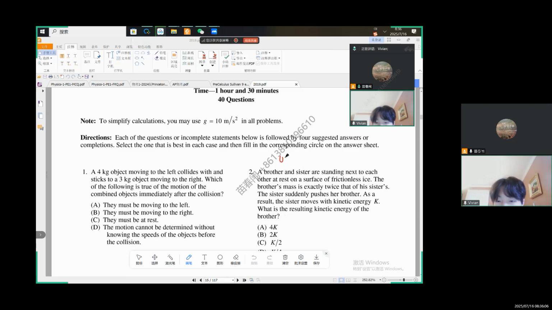So before it's 0 plus 0, right? With momentum, the plus 2. Later is mv plus 2mv, right? Let's make a difference. These v are not the same, right?